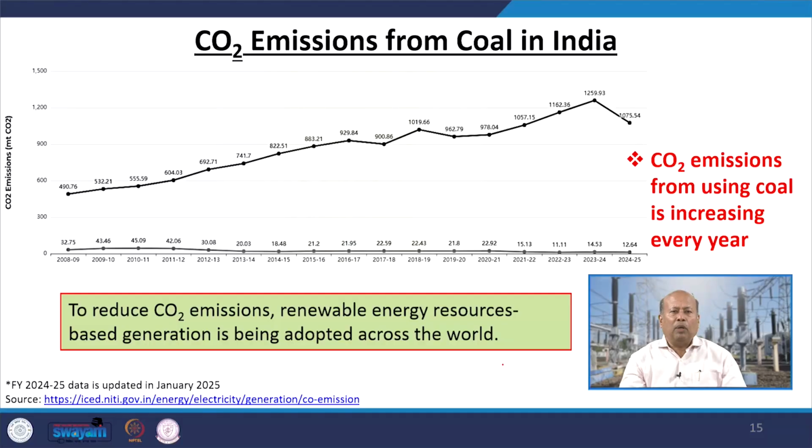And then one more important part, just to give you a bit of background: the carbon dioxide CO2 emission from coal in India has been significantly increasing, because as you all know, India is a country which depends mostly on thermal as well as hydropower plants.